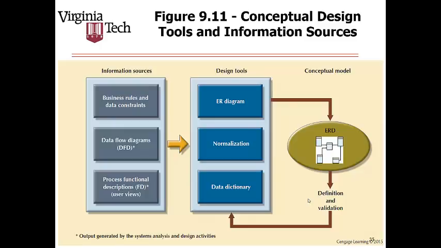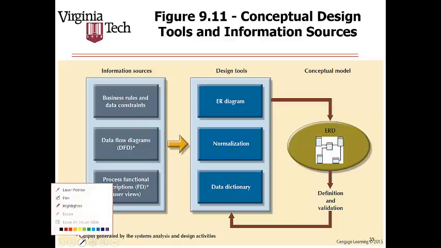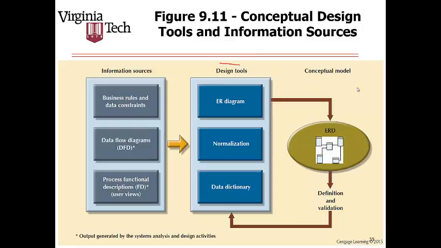And so basically, the idea is that we're going to take in these information sources and use our knowledge and our design tools to transform them into an ERD, and that's going to be our model. And then we're just going to keep going around until we feel that we have the complete ERD.